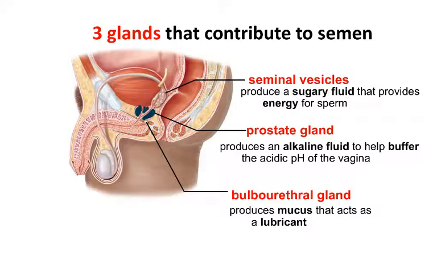So not a lot of hydrogen ions, but a higher pH number. And that's because sperm like a basic pH, but the vagina has an acidic pH. And then last but not least, this little teeny tiny guy here, which is called the bulbourethral gland, and that contributes some mucus that acts as a lubricant.